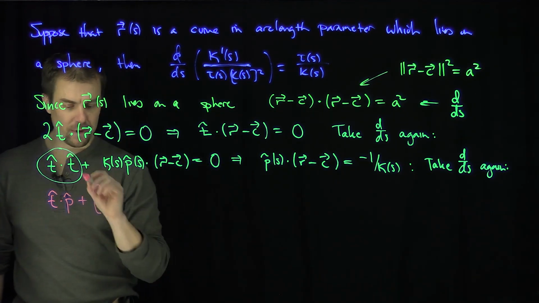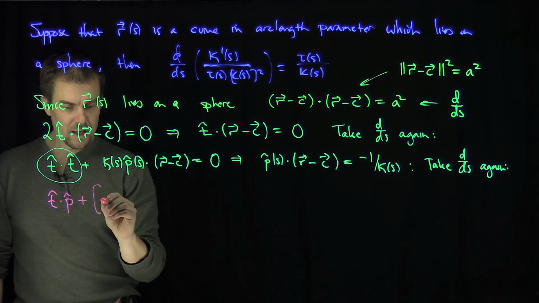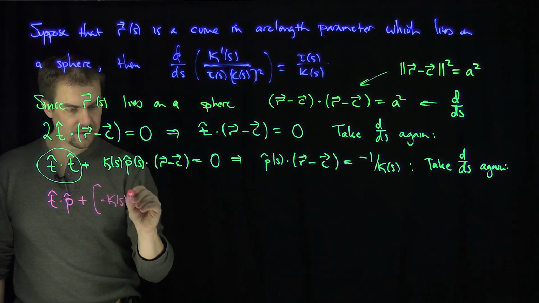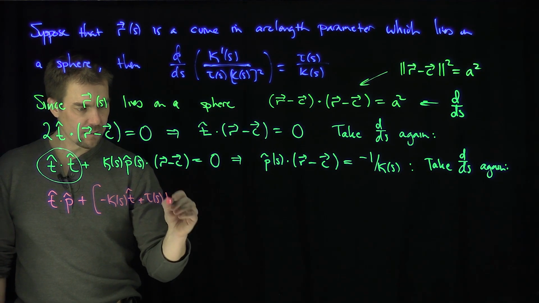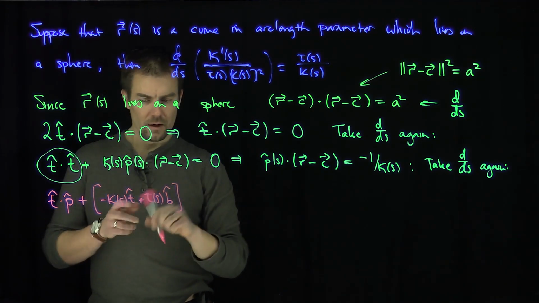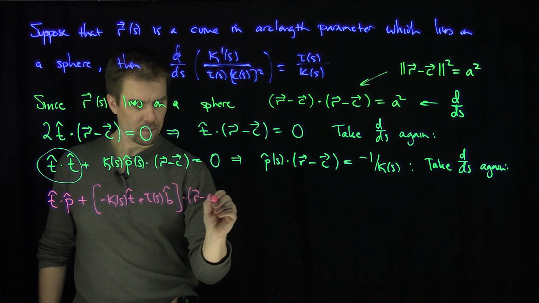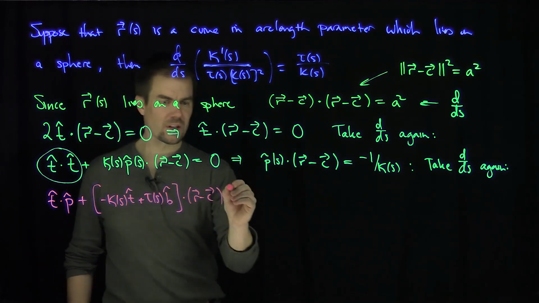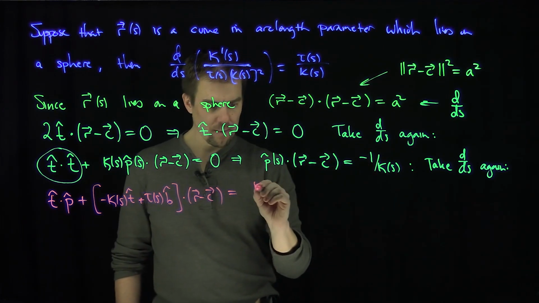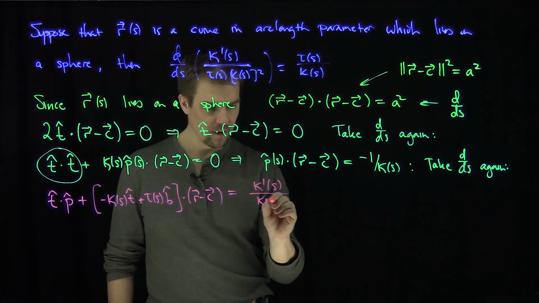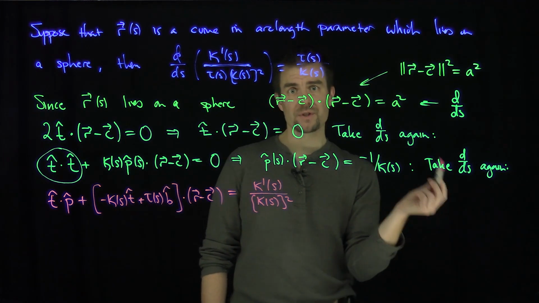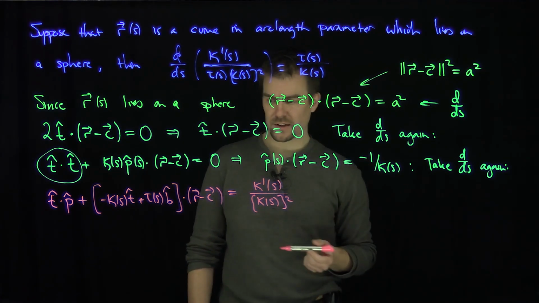Plus the derivative of n, which by Frenet-Serret is negative the curvature of s times t hat of s plus the torsion of s times b hat of s, dot (r minus c). And this is going to be equal to the derivative of the right side, which is kappa prime of s over kappa of s quantity squared, because this is really kappa to the negative 1. The derivative of kappa to the negative 1 is negative kappa to the negative 2 times kappa prime, and that's exactly what we get over here.